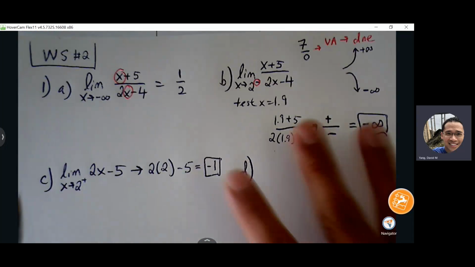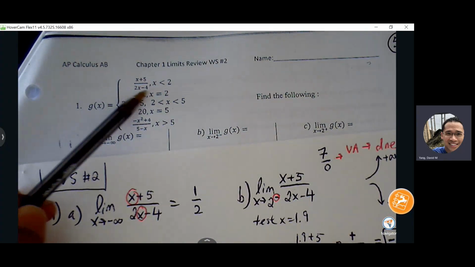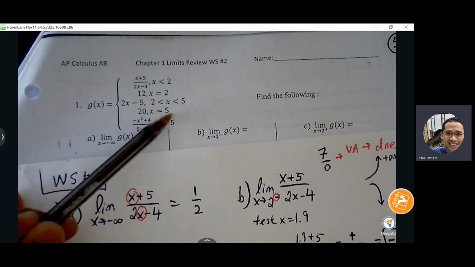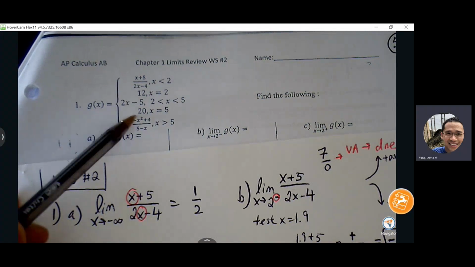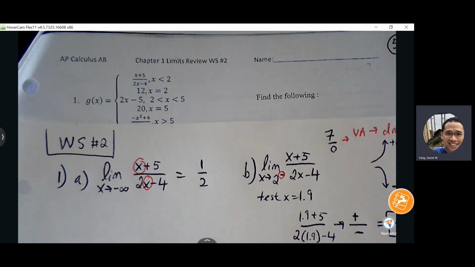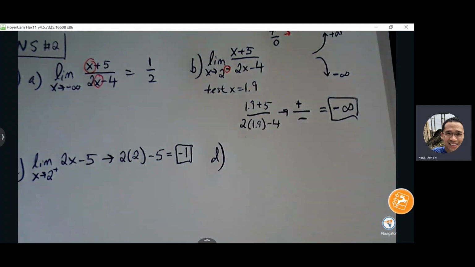Remember, with limits, we never want to deal with points. So you're never going to look at this 12. You're never going to look at this 20. Not going to play a role with any of the limit problems, unless there's a problem that's asking for the ordered pair.